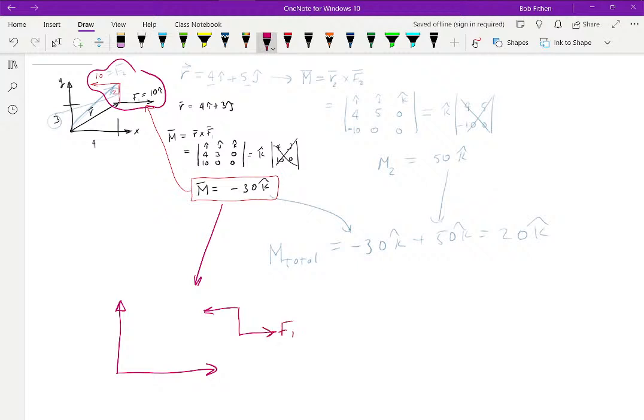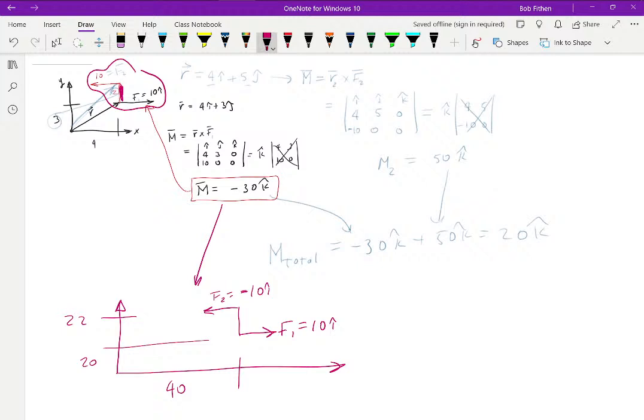My F1 stays the same at 10i. My F2 stays the same at minus 10i. This time, I move it all the way to the point where it's 40, then say 20. So I took that couple and just moved it somewhere. But when I took it, it didn't change the distance here.